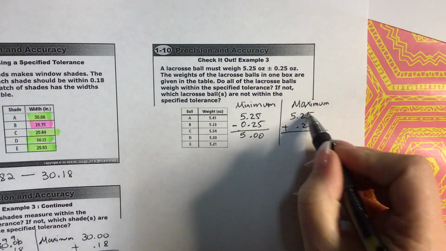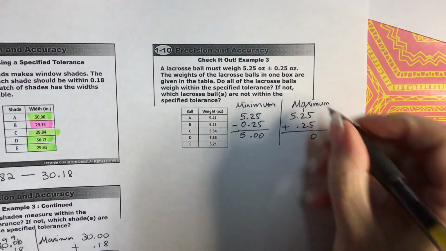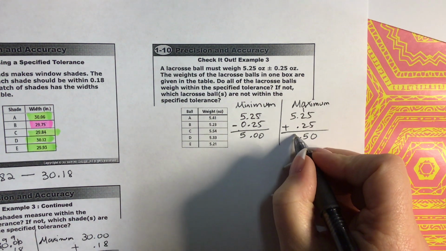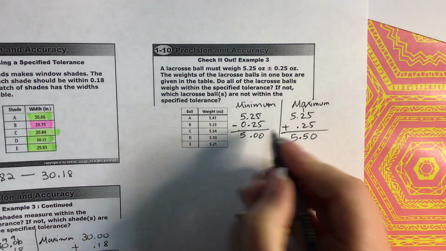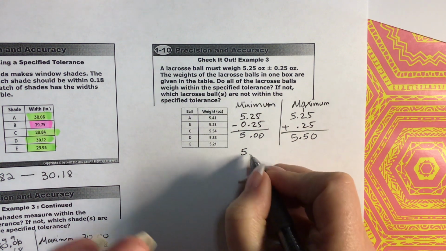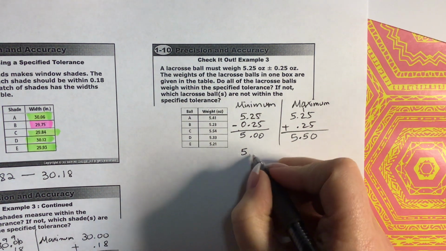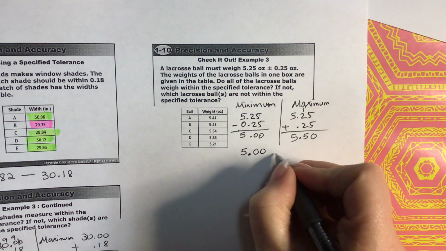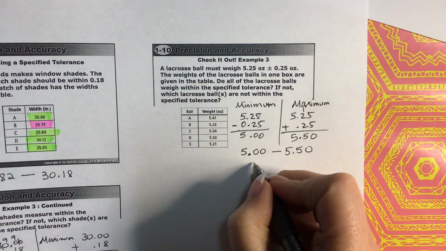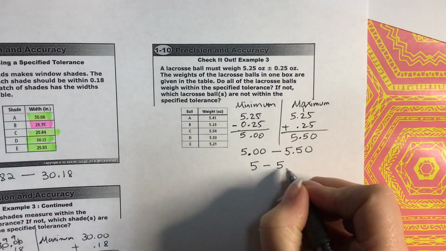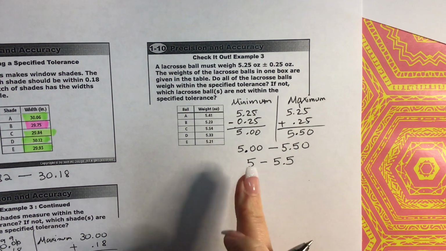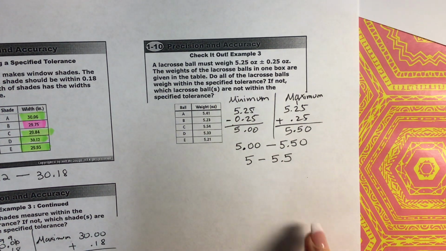We add that: 5 plus 5 is 10, write the 0, carry the 1, 2 plus 2 is 4, plus 1 is 5. So the tolerance is from 5 to 5.5, or you can say 5.00 to 5.50. I would probably write it like this, but you're welcome to write it the other way if that helps you when you do these.